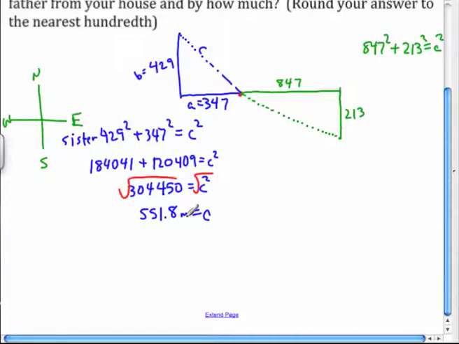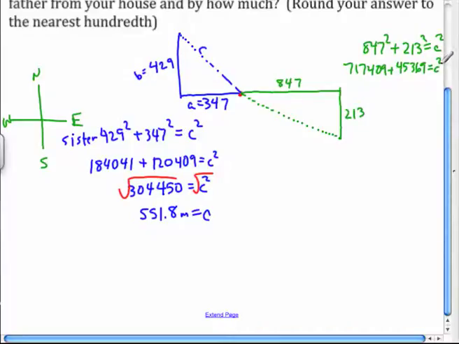Let's see how far I'm from home. 847 squared is equal to 717,409 plus 213 squared is 45,369. That's what C squared equals.